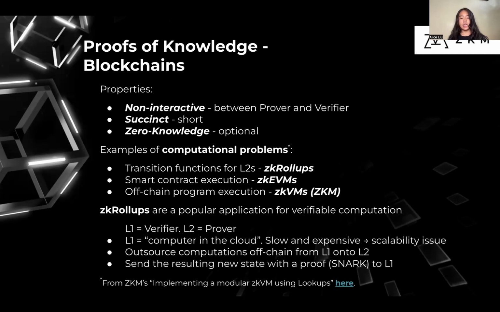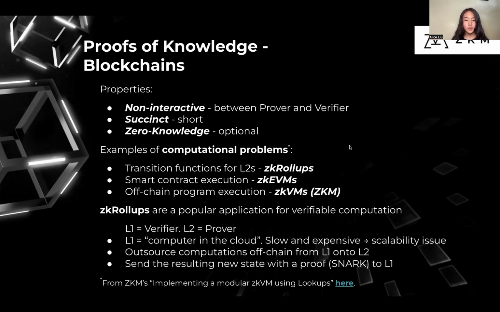It's like a computer in the cloud, so it could be very slow, very expensive at times. Scalability is an issue. And the idea here is to outsource these computations off-chain from an L1 onto an L2, and the L2 would send the resulting new state with an accompanying proof back to the L1.